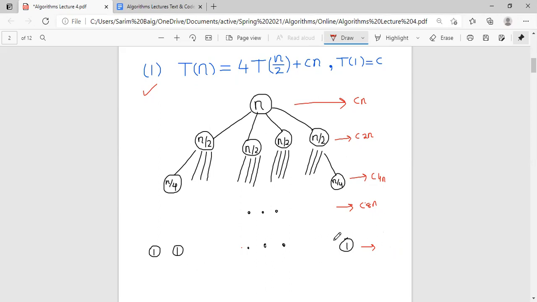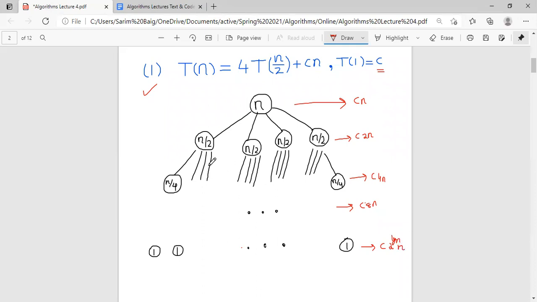At that last level, each call is taking c work. All of them are base cases. So how many of them are there? Again c, and now 2 to the power log n, since this tree has log n levels, times n.